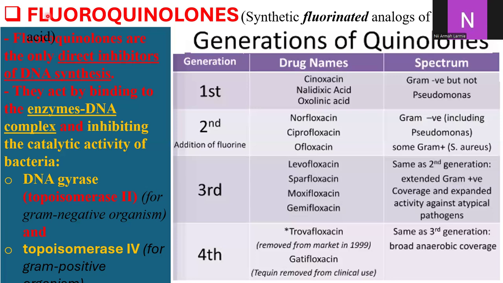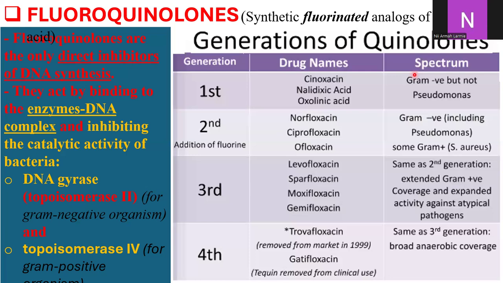They were now called the fluoroquinolones, with examples like norfloxacin, ciprofloxacin, levofloxacin, moxifloxacin, etc. So from the second generation downwards is where the floxacin rule works. For the first generation, we have cinoxacin, nalidixic acid, and oxolinic acid.